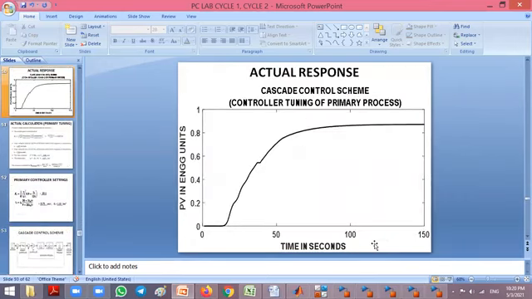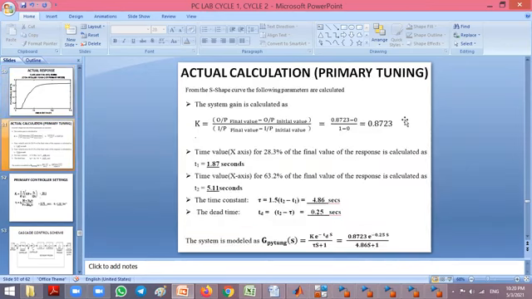So this is the actual response which you will be getting when doing this example. Your S-shape curve will be like this, and for this you calculate 0.8723 as the gain. Here it will not settle at 1, right? Previously we said it will settle at 1 because the input is 1.